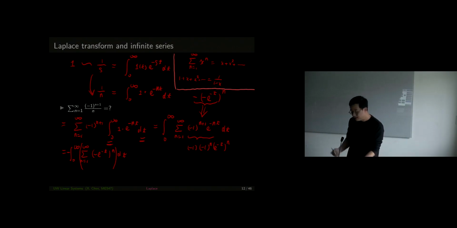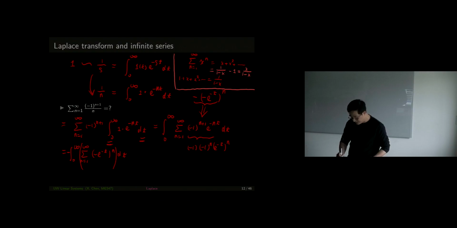Okay, so as a side note, we know that if you do 1 plus x plus x squared, etc., it equals to 1 over 1 minus x. So therefore, this infinite summation equals to 1 over 1 minus x minus 1, or in other words, is x over 1 minus x. So we know how to calculate this infinite summation.